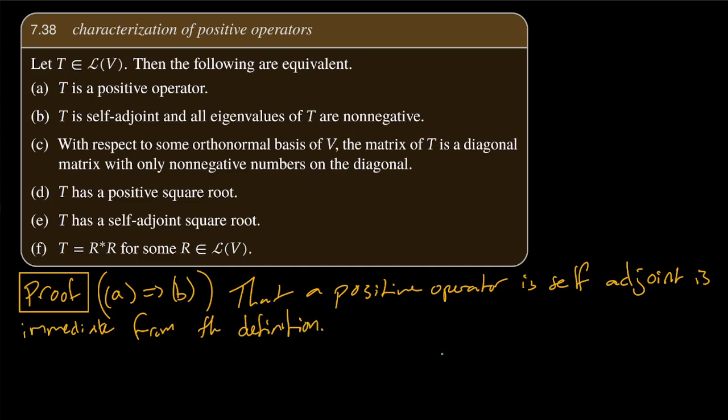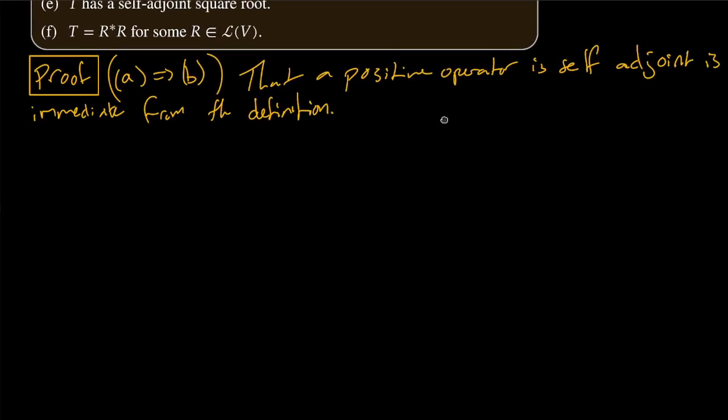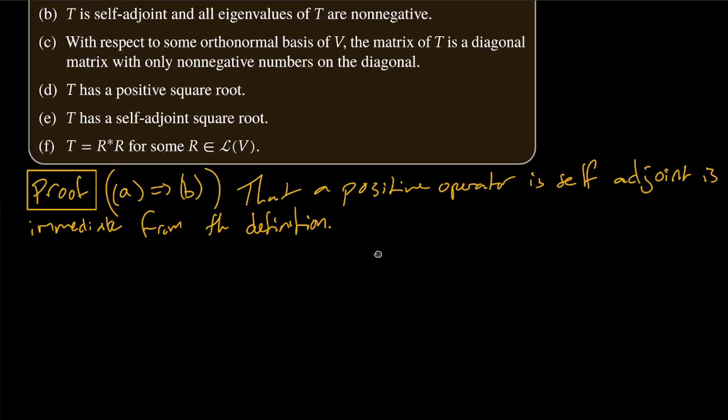Okay, after all, positive operators are self-adjoint operators such that the inner product of TV with V is always greater than or equal to 0. Okay, cool. So that's fine. Now all we have to do is show that the eigenvalues of T are non-negative.